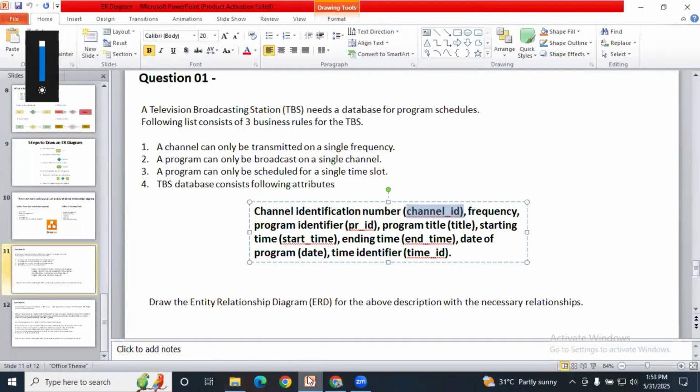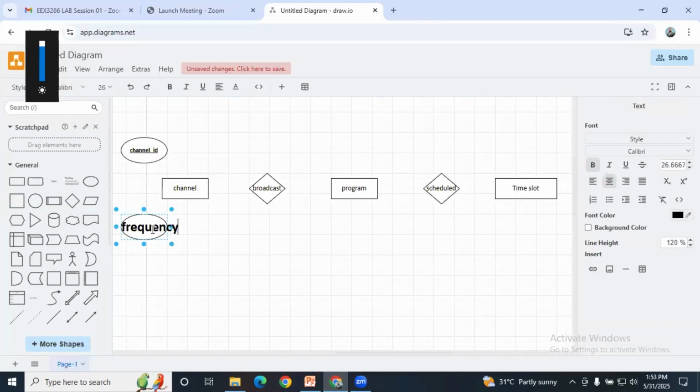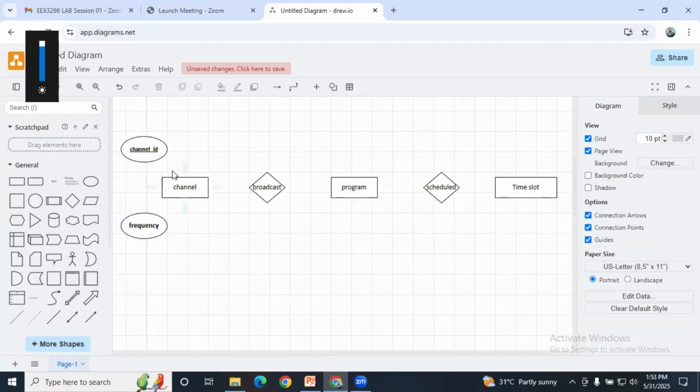Okay. So another attribute is what? Frequency. So you can put it on here. This is the frequency. Okay. We assign the entity as channel and we assign two attributes for the entity.